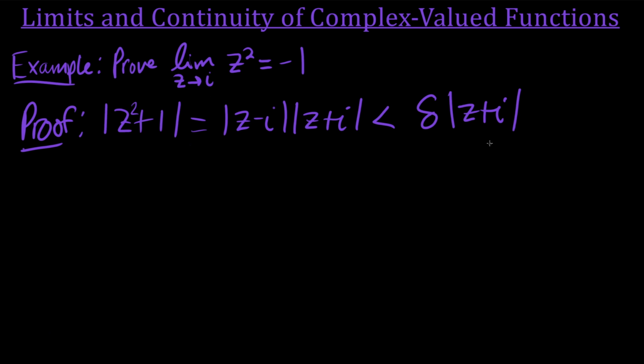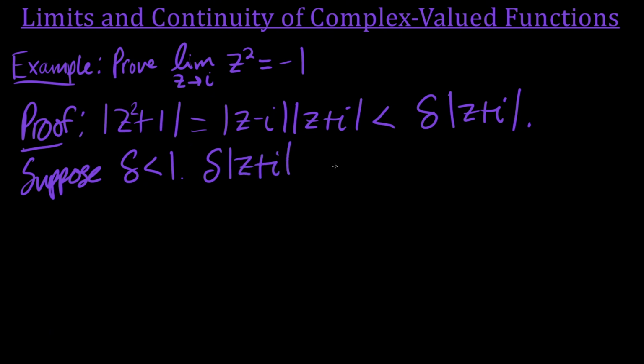Okay, so from here, suppose that delta is less than 1. The reason I'm going to suppose this is that it's going to allow us to bound the modulus of z plus i. So delta times the modulus of z plus i equals delta times the modulus of z minus i plus 2i, right?